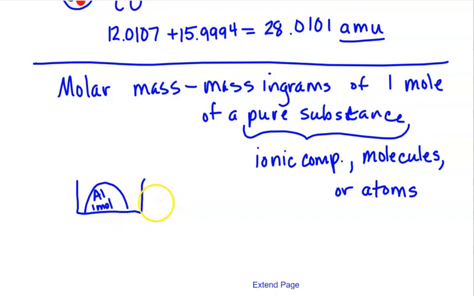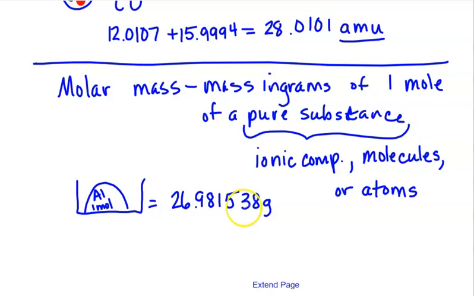So if I find the mass of 1 mole of aluminum, here's the exciting part, it is going to be 26.981538 grams. Do you see the relationship there? This is the same exact thing, but 1 mole weighs that many grams, and 1 atom weighs this many AMUs. So they're all related by that.